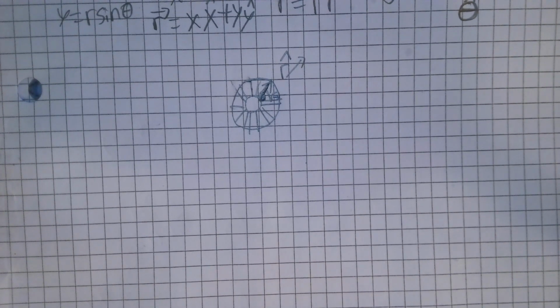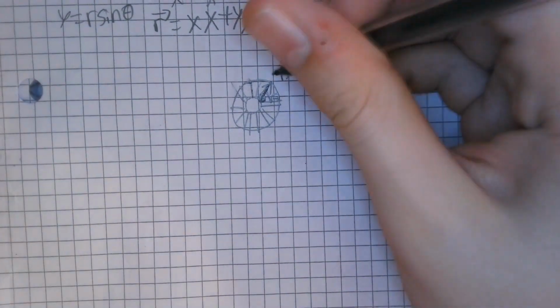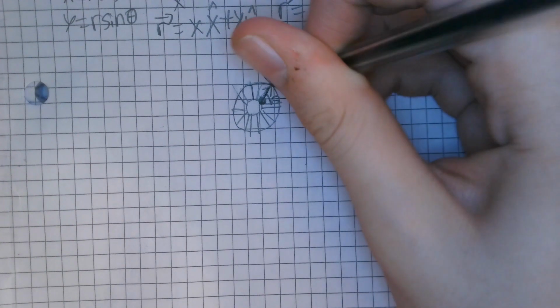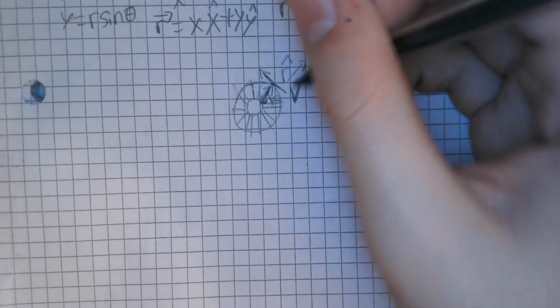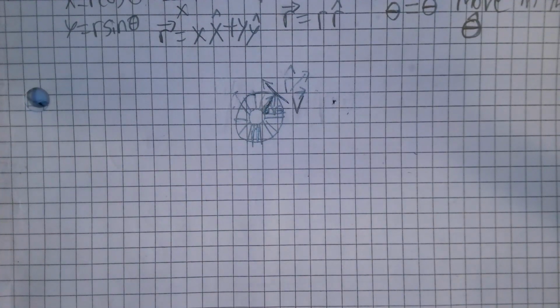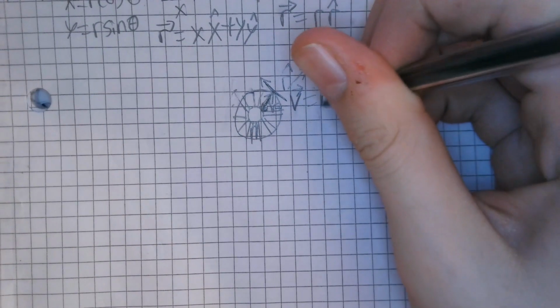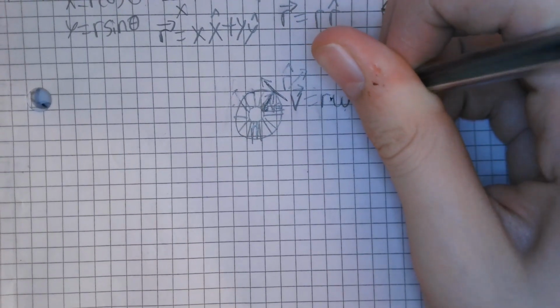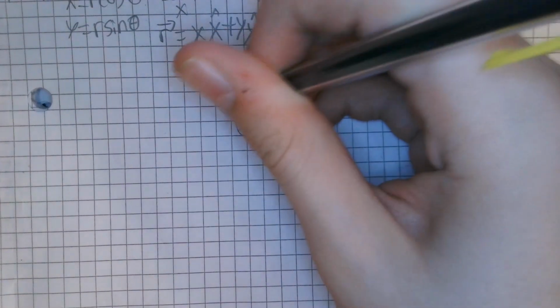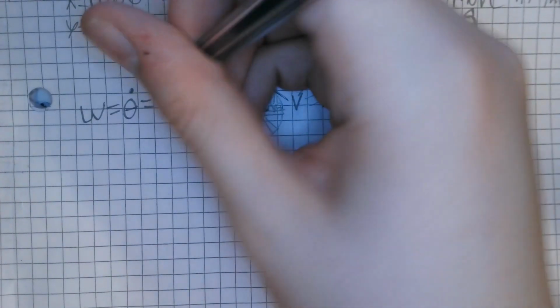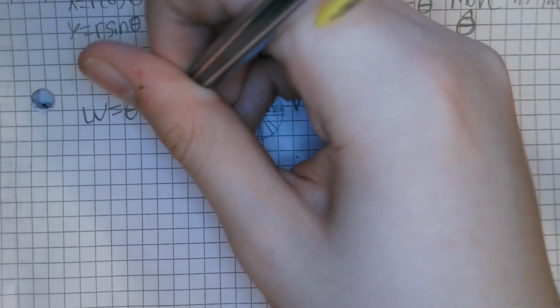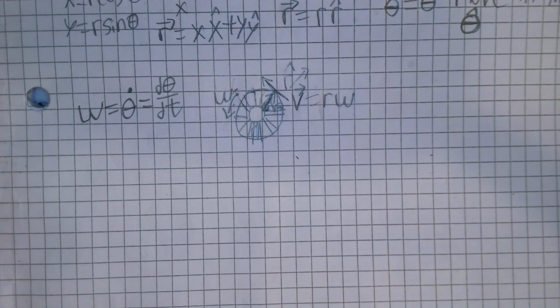So right here, I want to say that my tangential velocity, aka this velocity vector here, and in this case, this velocity vector is going to be equal to r times omega, where omega is the angular velocity, which is equal to the change in theta with respect to time, or the derivative of theta with respect to time, if you want to know the instant.